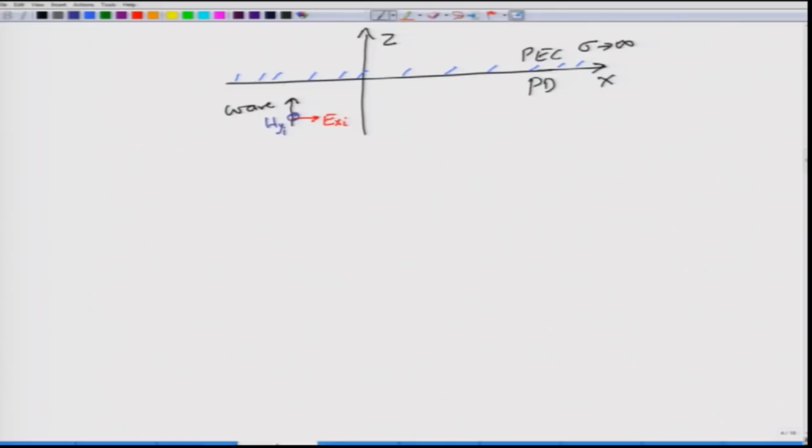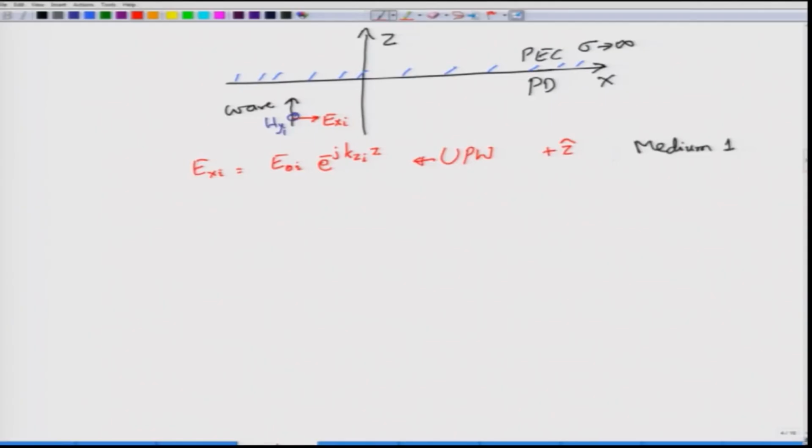If I write down the expression, E_xi will be a function of z, of course. So, we have some incident amplitude, and then I have e to the power minus j k_zi times z, right. This is the uniform plane wave that we have considered, which is propagating along the plus z axis, and this is there in the medium 1, right.